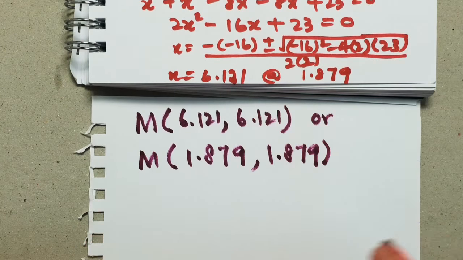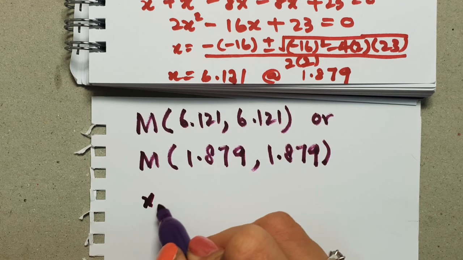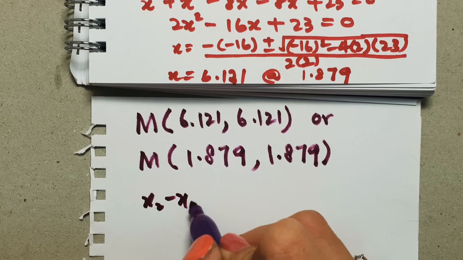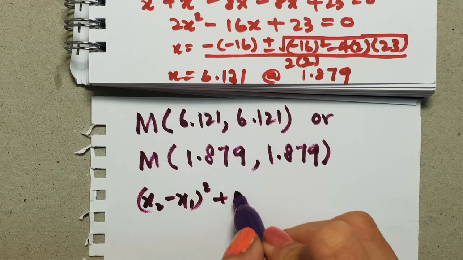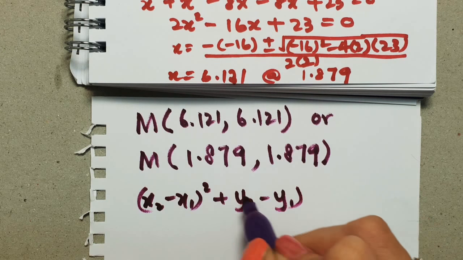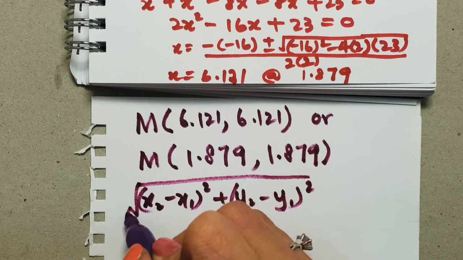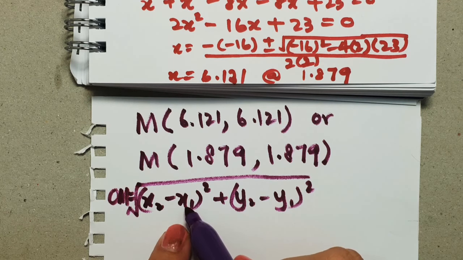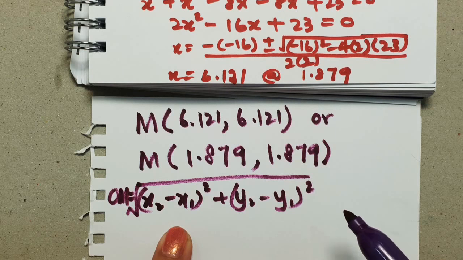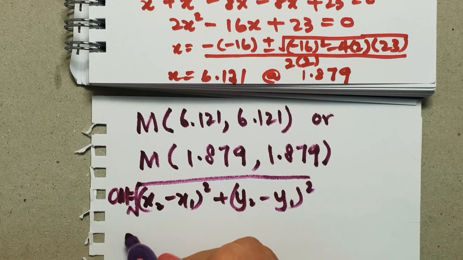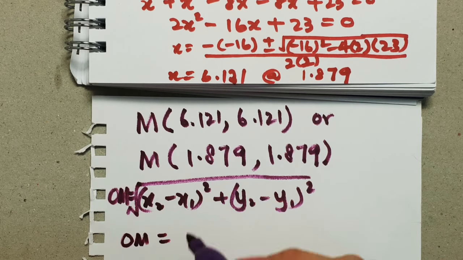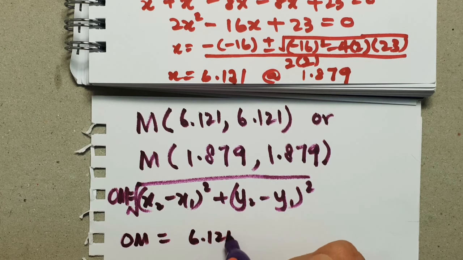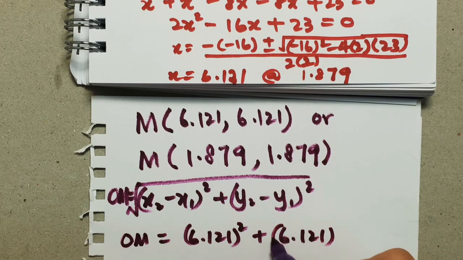We need to find the distance of OM. So how do we find it? We just apply the formula: the square root of x2 minus x1 squared plus y2 minus y1 squared. In this case, my origin, x1 and y1, is 0. So OM will now become the square root of 6.121 squared plus 6.121 squared.